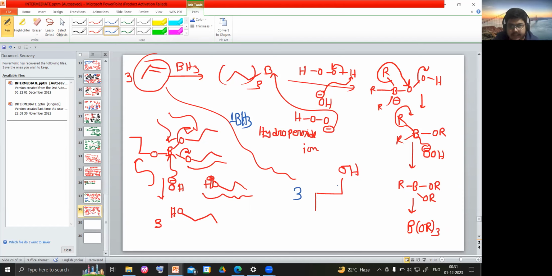In this final product, this hydrogen is coming from BH3. If you closely observe the first initial stages where trialkyl boron is formed, in every step this particular hydrogen is coming from this boron only, and this particular OH is coming from H2O2 NaOH, isn't it?